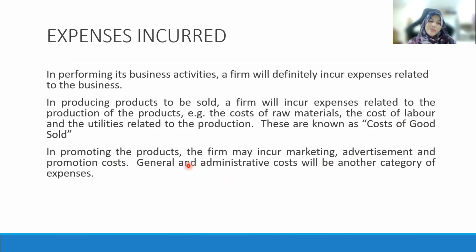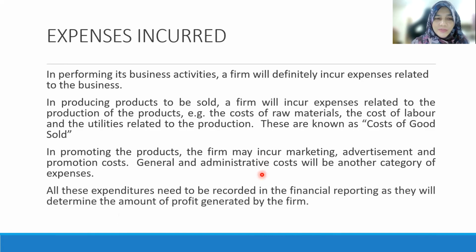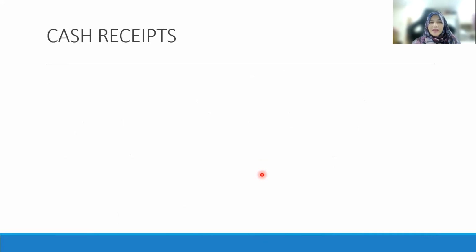For example, the salary of all the staff in the headquarters, the salary of the secretary to the bosses, and then the administrative costs, for example, the amount that they need to pay for the hospital benefit of the staff. All those are general and administrative expenditure, which is also another category of expenditure. All these expenditures need to be recorded in financial reporting as they will determine the amount of profit generated by the companies, right?